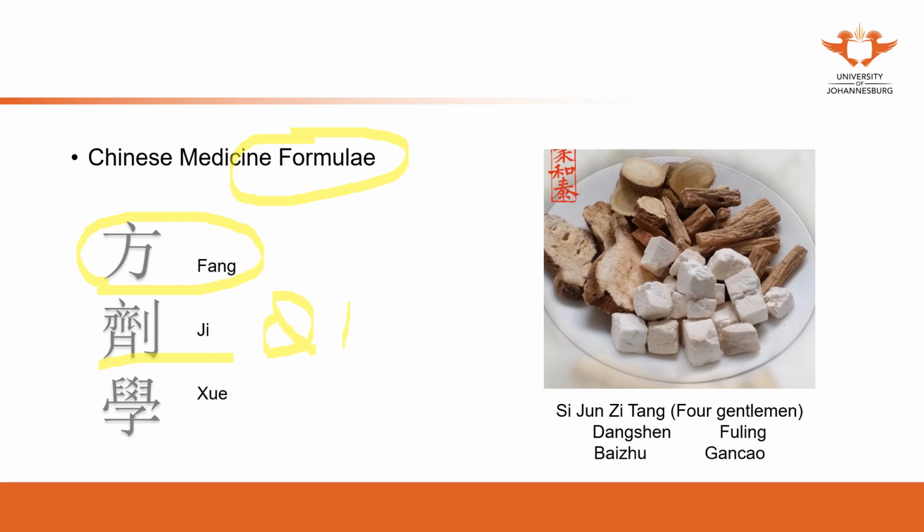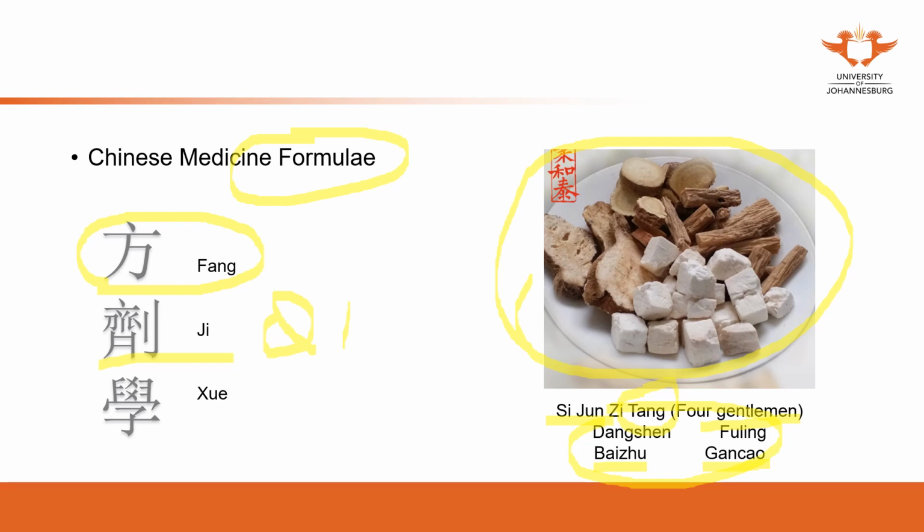For example, the image is here. These are the ingredients of 四君子汤. Tang means decoction. 四君子, the direct translation, four gentlemen. This is a very famous decoction, four gentlemen decoction, or they even make it into pills. There are four ingredients in this formula: 党参、茯苓、白术、甘草.